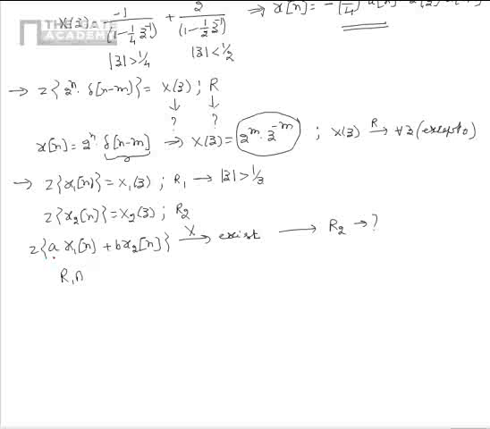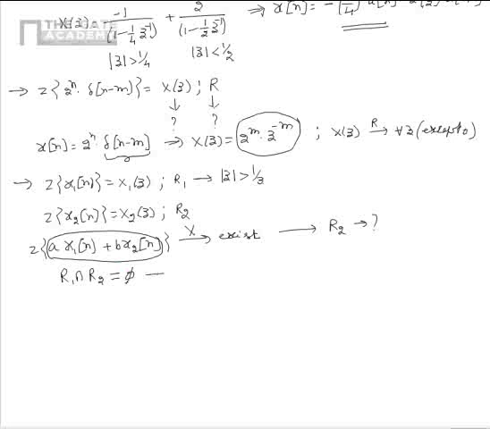As the z transform of the given linear combination of the signals doesn't exist, we see that the intersection of both the ROCs, that is R1 intersection R2, should be equal to phi.